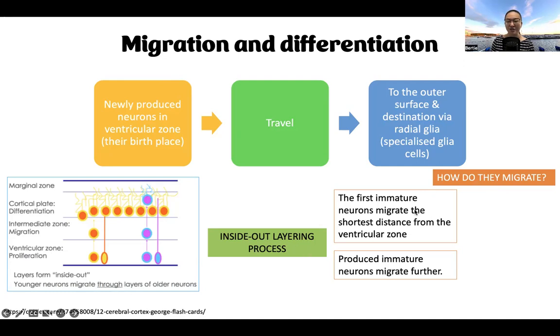The first immature neurons migrate the shortest distance from the ventricular zone. The later produced immature neurons migrate further. You can see here again the same picture from the last slide as well, layers from inside out. The younger neurons migrate through layers of older neurons.